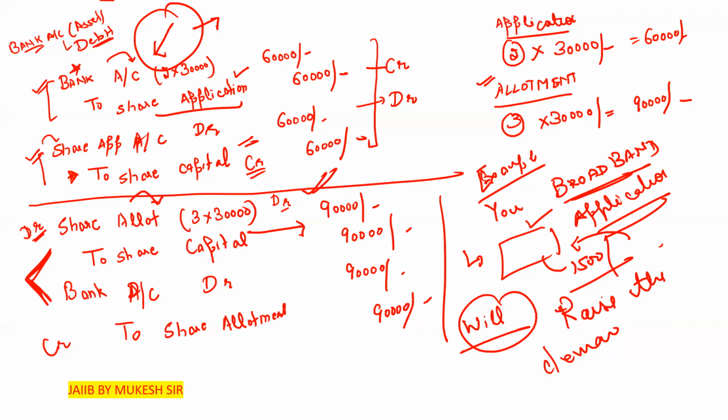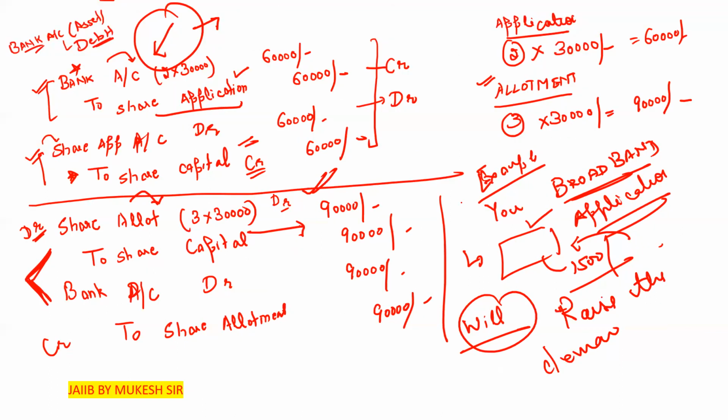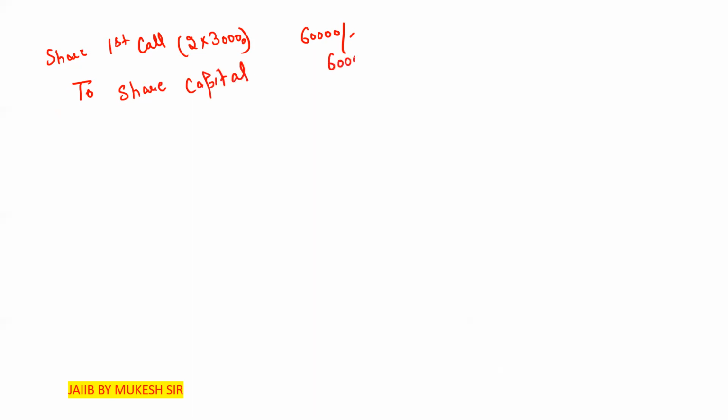So in the next step, the third step here, that is the share first call. How do we have to perform the steps? At that time you have to pay rupees 2 per share, total 60,000, for 30,000 shares. And we have to credit share capital account, 60,000.